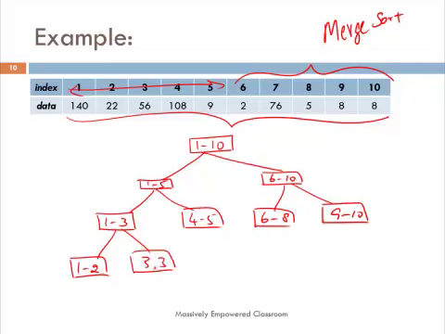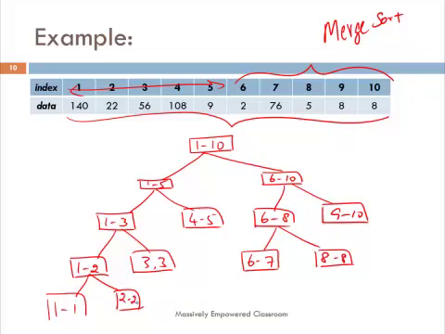How do I sort 6 to 8? I don't know. So I'm going to divide that into 6 to 7 and then 8 to 8. How do I sort this array from 1 to 2? I will divide that into 2 sub-problems: 1 to 1, 2 to 2. 3 to 3 is already there. This will get divided into 4 to 4 and 5 to 5.